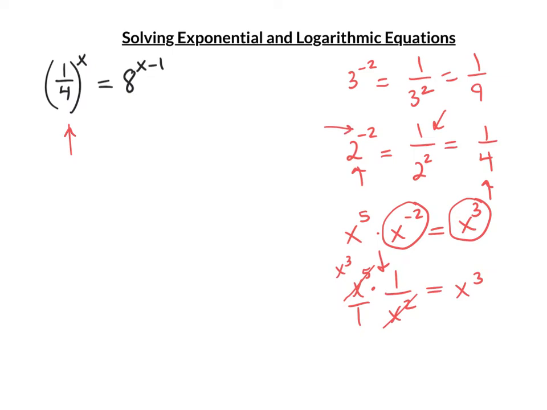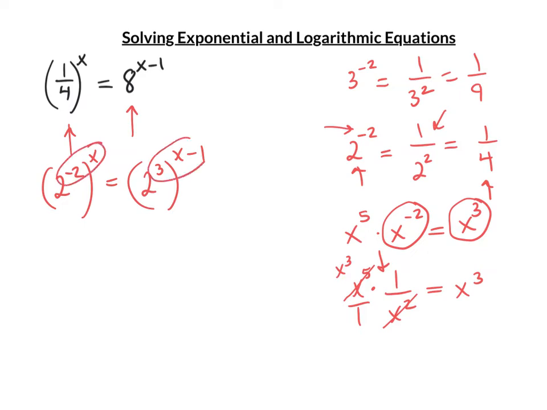When you look at this question then, these are both powers of 2. This is 2 to the negative second, that's 1/4 to the x. And this is 2 to the third, which is 8 to the x minus 1. We'll use that power of a power idea and multiply our exponents. Don't forget to distribute right here. This becomes 2 to the negative 2x equals 2 to the 3x minus 3.